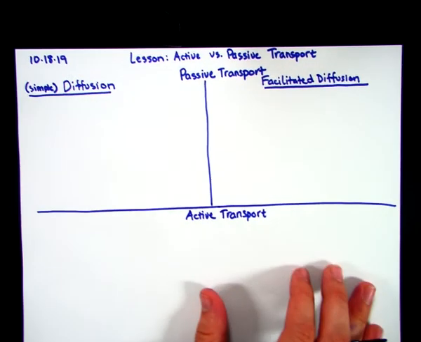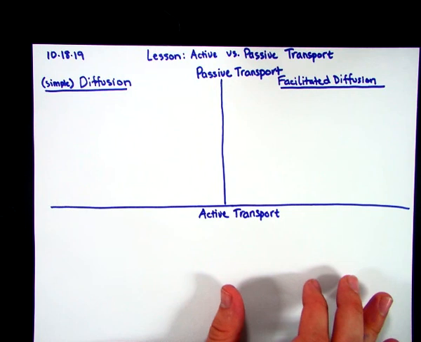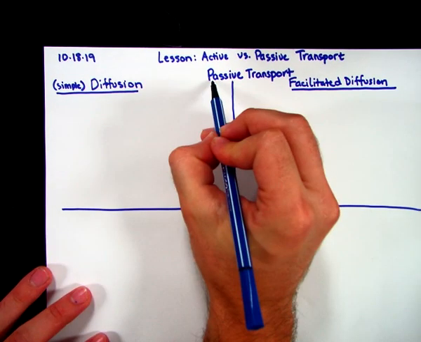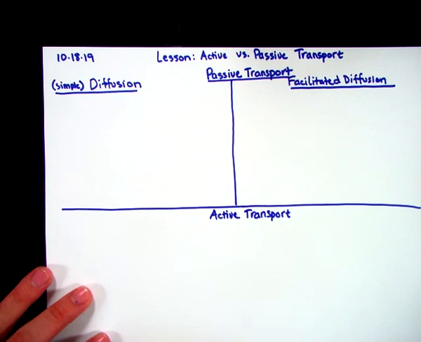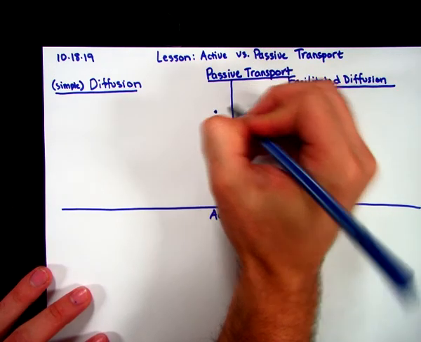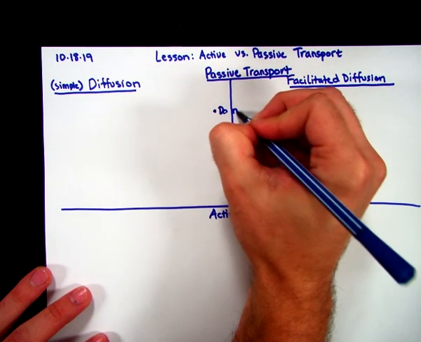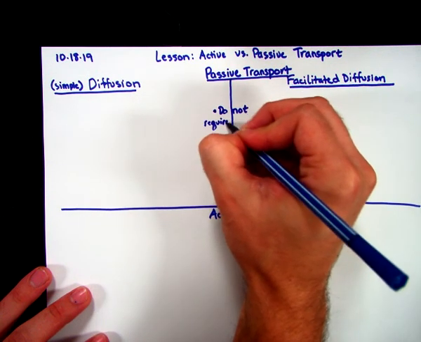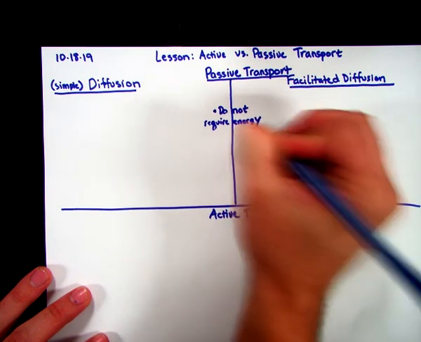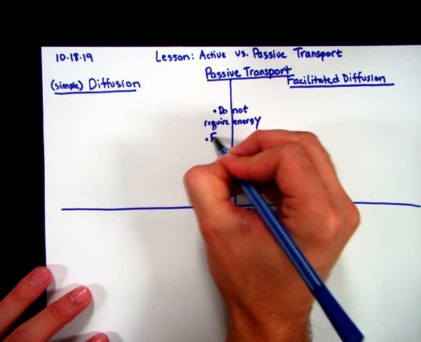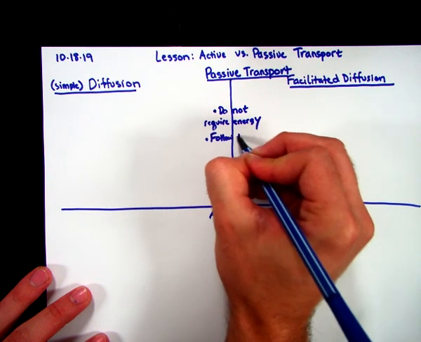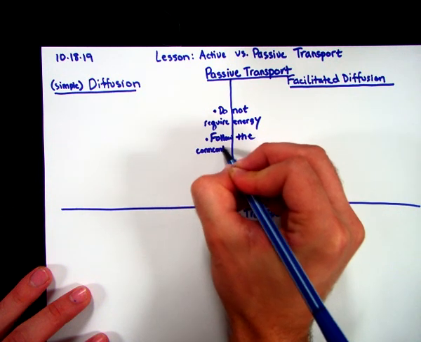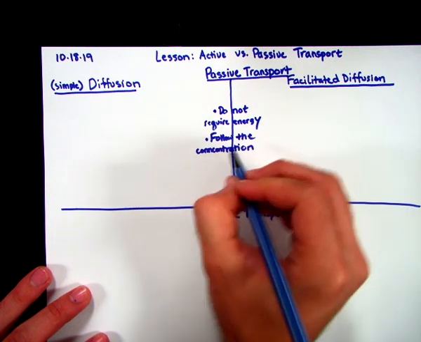So both of these, passive transport, have two similarities: they do not require energy and they follow the concentration gradients.